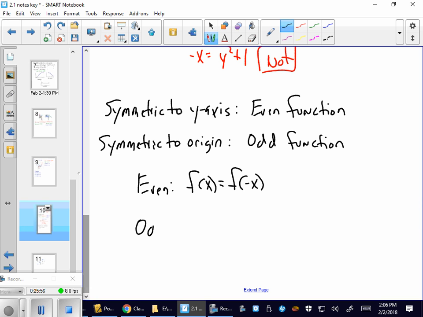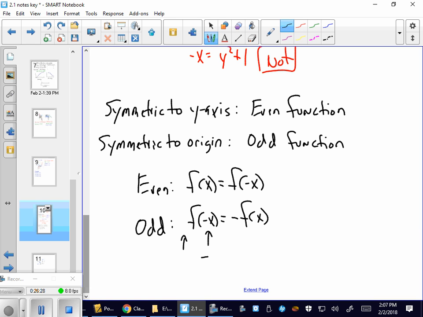Algebraically, if something is odd, this is a little bit different because we don't use x's and y's here. What this says is that f of negative x is equal to the negative of f of positive x. Now, if you can really see this, then you're doing okay. If not, you might just want to memorize the formula. But if you just look at the left, this f of negative x, that really means I plug in a negative x value and I get out a positive y value.